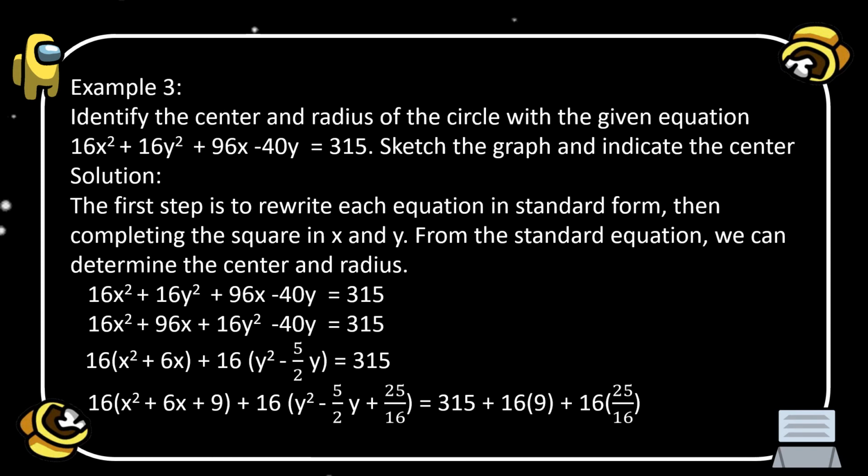So the result is 5 over 4. When we square that one, it becomes 25 over 16, is equal to 315 plus 16 times 9, because we are going to add for the other side, for the left side, which is 9, multiplied by 16, plus 25 over 16 times 16.